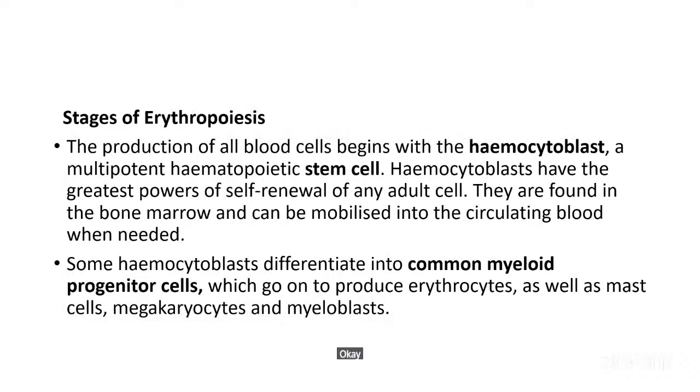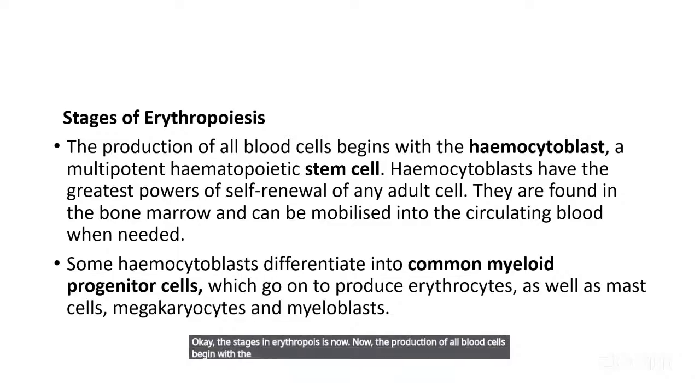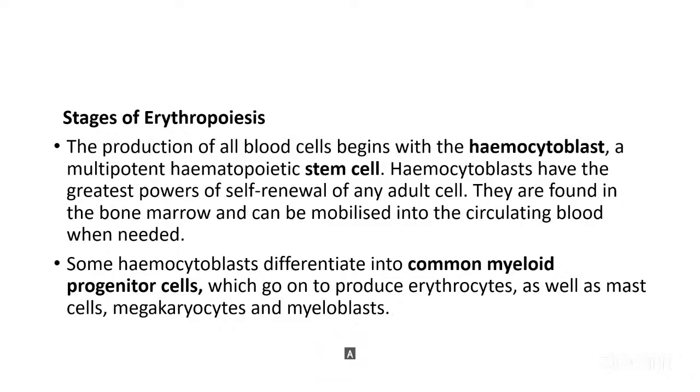Okay, the stages in erythropoiesis now. The production of all blood cells begins with the hemocytoblast, a multipotent hematopoietic stem cell.